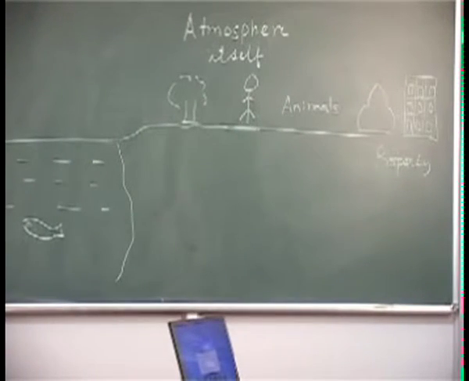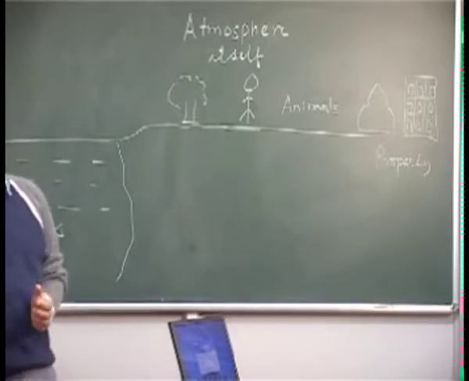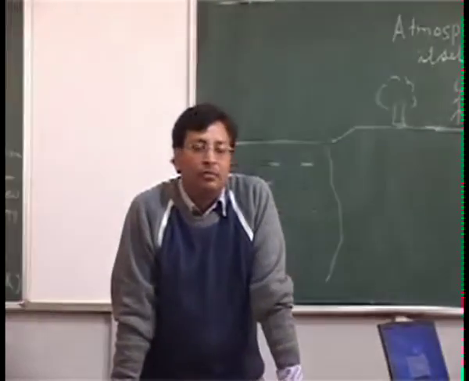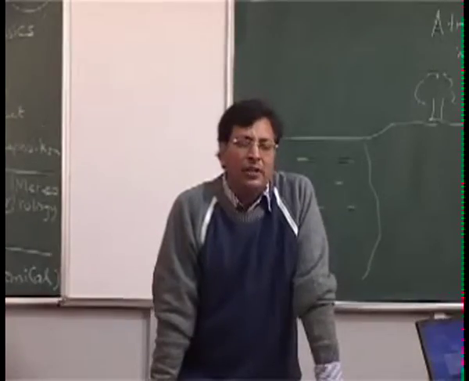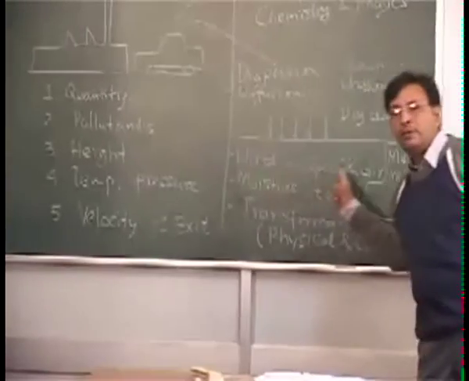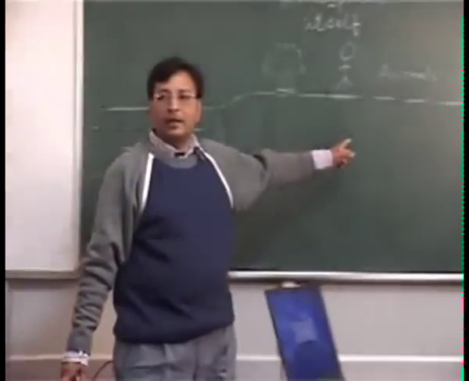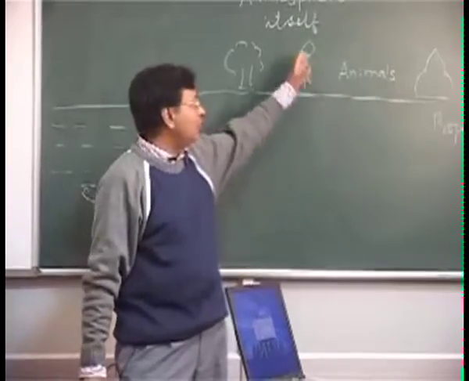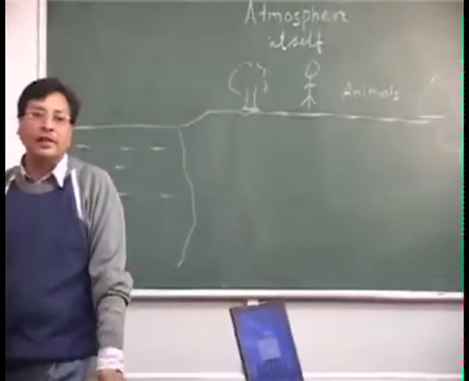So when we talk about the receptor, we are not talking about just a human being or a plant or a tree. Everything that gets affected by the air pollution, which is emitted, transformed, and still reaching the receptor. The simple objective of air pollution control, or any pollution control, is not to worry so much about this or this, but to worry about this. If there was no trouble here, who cares what is being emitted there?